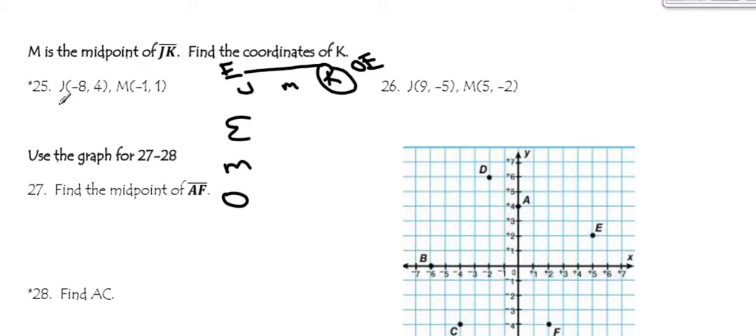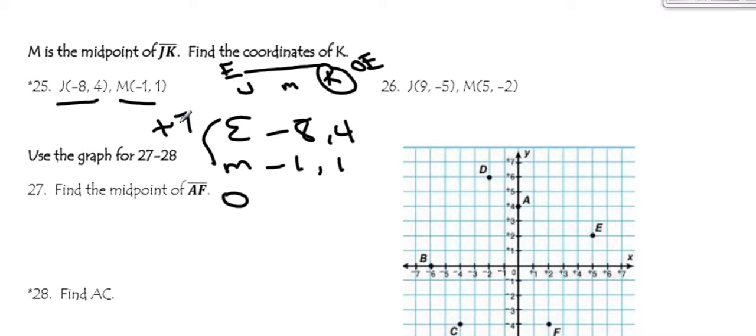So our endpoint, which was J, goes on top, negative 8, 4. Our midpoint goes in the middle, negative 1, 1. And we need to figure out how to get to the other endpoint. So how does a negative 8 become a negative 1? Well, we're going up on the number line, and we're going up by 7.